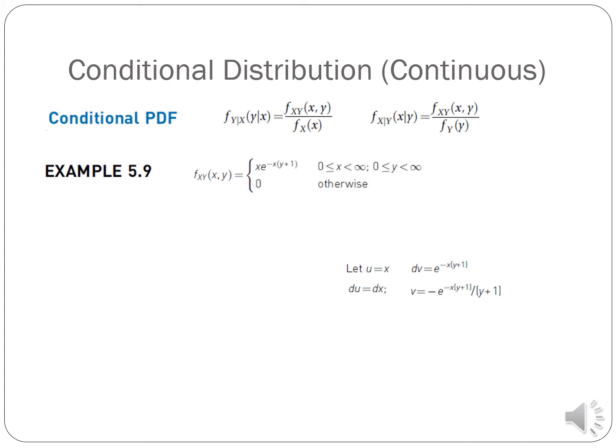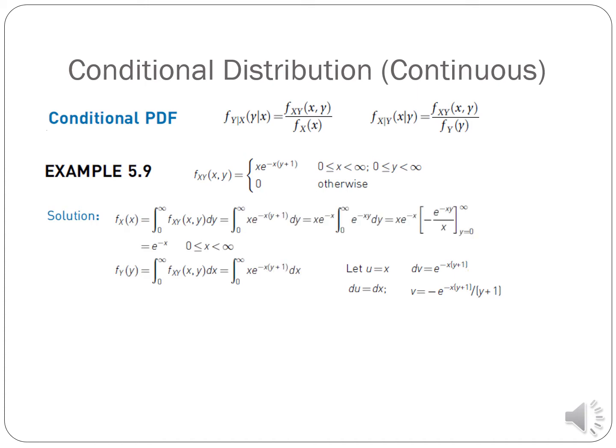So this is our joint PDF, and at first we are going to find the marginal PDFs, fx and fy. fx can be calculated when we integrate the joint PDF with respect to variable y. Similarly, fy can be calculated when we integrate the joint PDF with respect to dx. Don't forget the limit is from 0 to infinity, because that is the valid range for x and y.